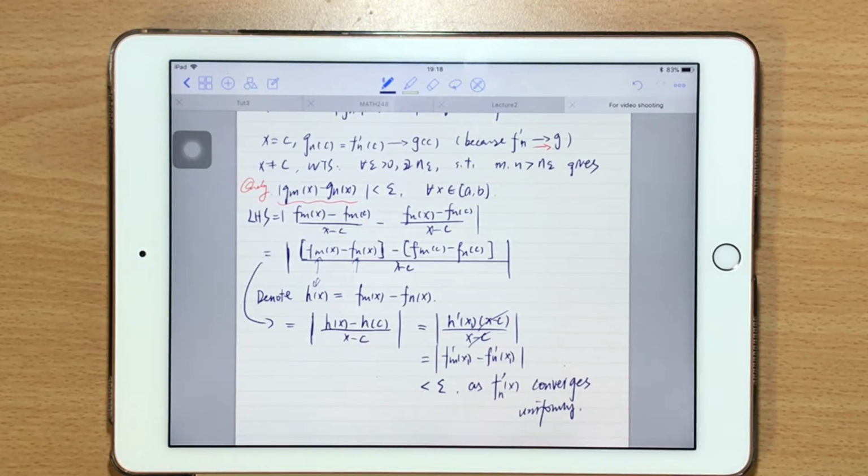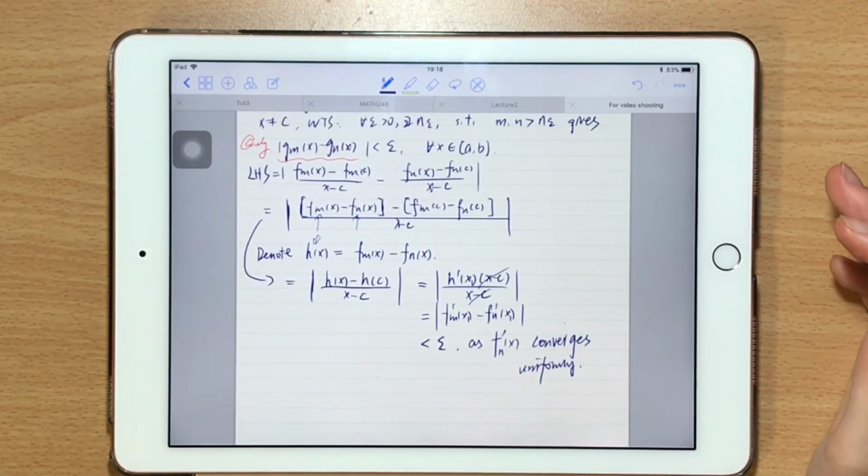And all the functions here are continuous, because f_n are differentiable. So we can use the mean value theorem.